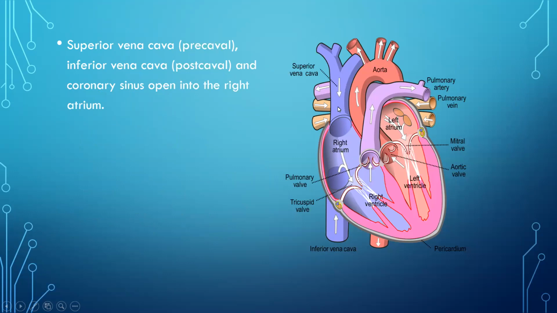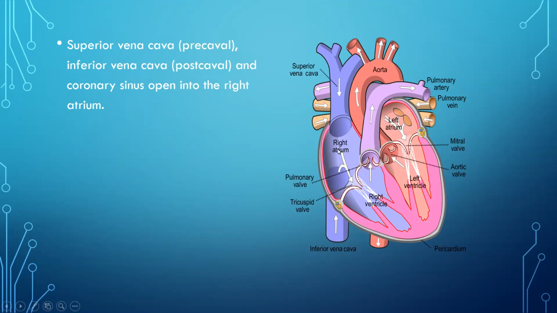Superior vena cava, which is precaval. Similarly, inferior vena cava, which is also called postcaval, and coronary sinus. Where do they all open? They open into the right atrium.